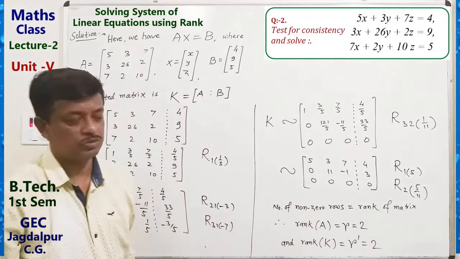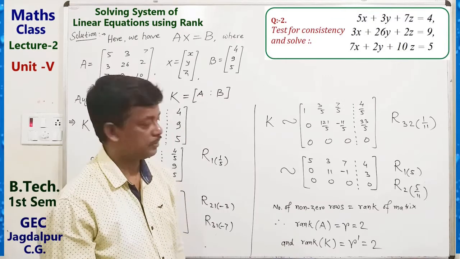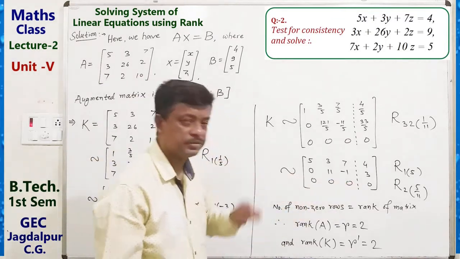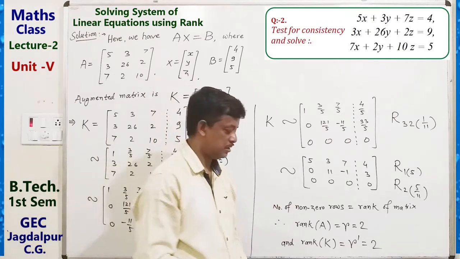Both ranks are 2. Number of non-zero rows is 2. This is a zero row. Both ranks are equal. That's consistent.